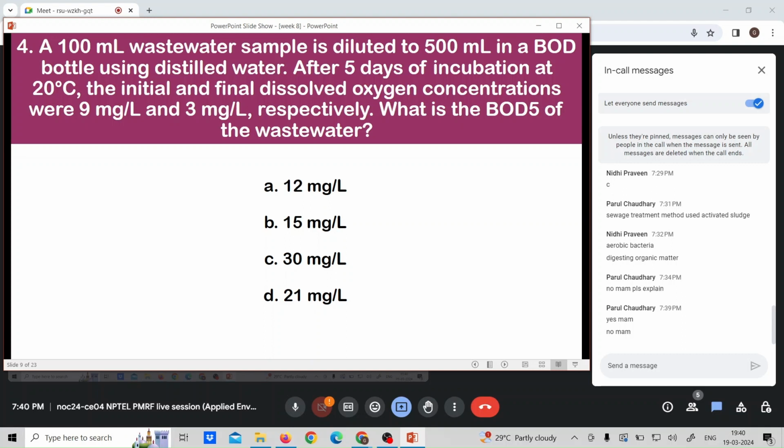The oxygen dissolved in the wastewater that is available for the microbes to feed on. Can you please repeat? It is the oxygen dissolved in the water which is available for the microbes. Okay. Is it the oxygen dissolved?